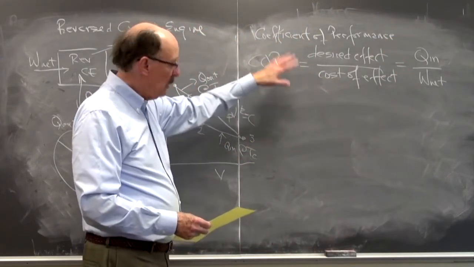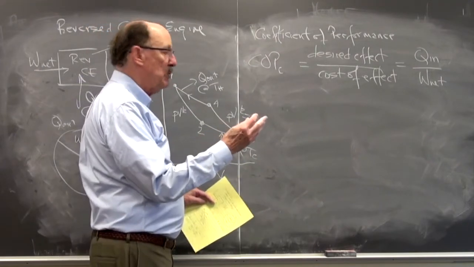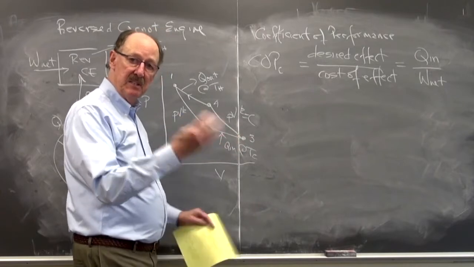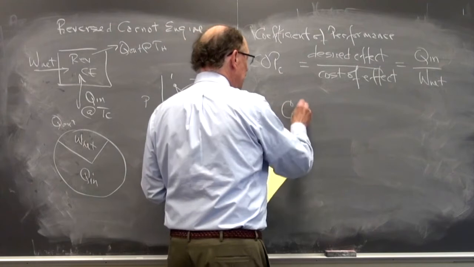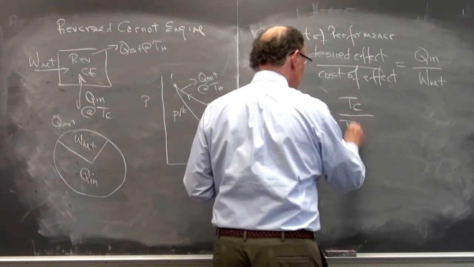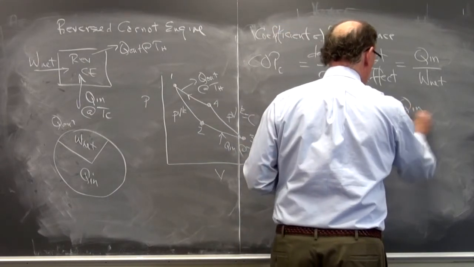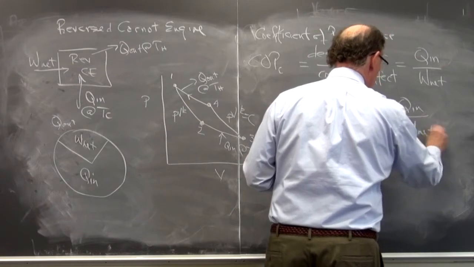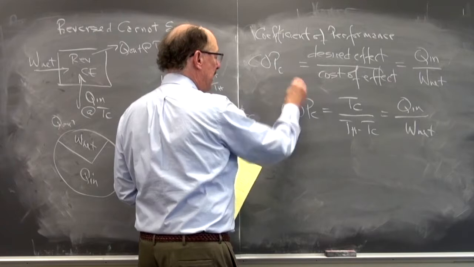We look at it this way, and the analysis is similar to what we did before. What we come up with, though, is a different expression. So the COPC is equal to TC over TH minus TC, and this is equal to Q in over W net. So this is where the desired effect is cooling.